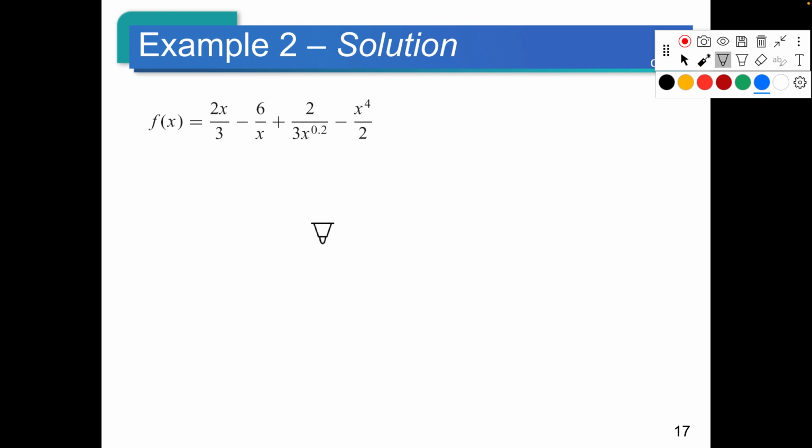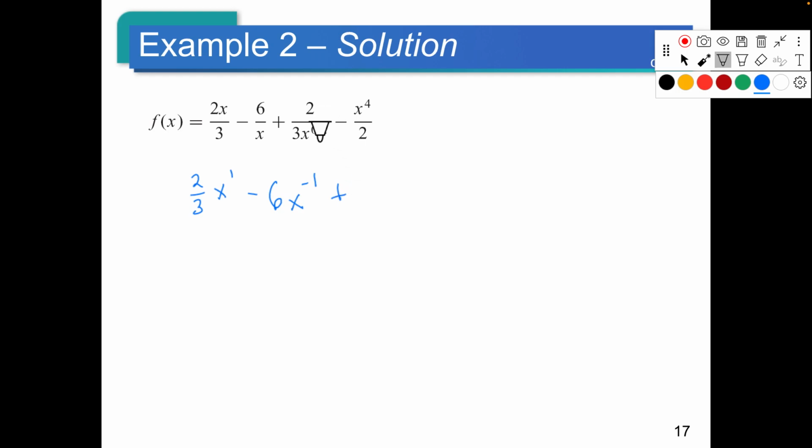Okay, now we're getting into the more advanced ones, but nothing too bad, right? So what's this first part? It's really just 2/3 x to the first, so the fraction just goes along. How about this 6 over x? How do we want to rewrite that one? x to the -1.